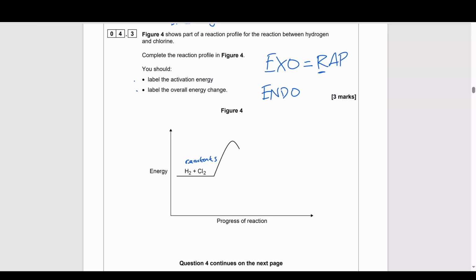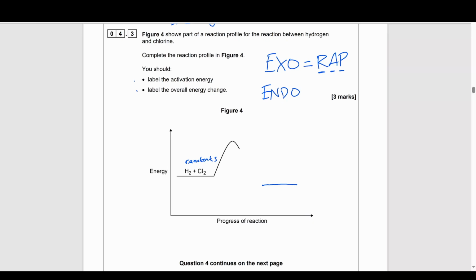Reactants above products. So that will mean now that our products should be below our reactants. So we need to have a line which is below our reactants, and that would represent our products.